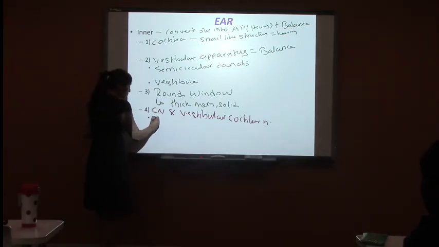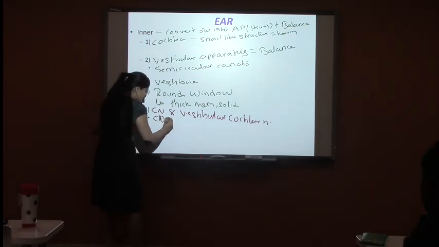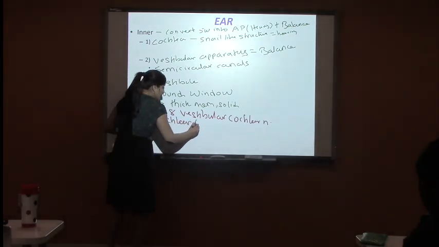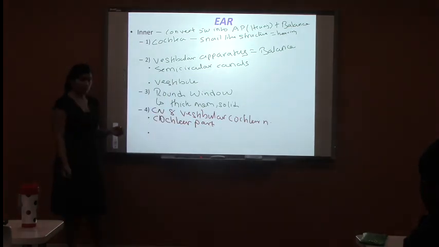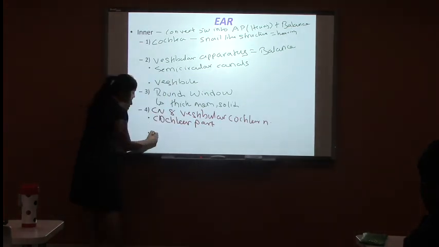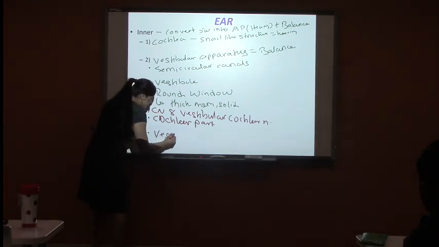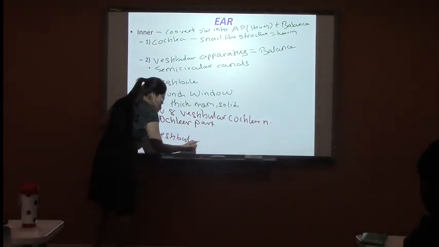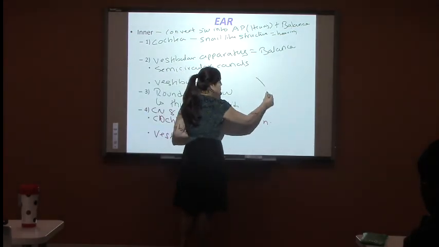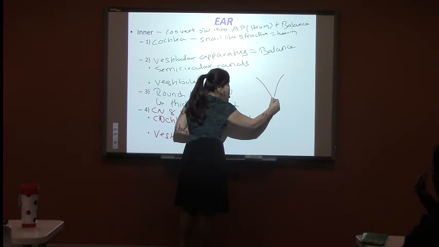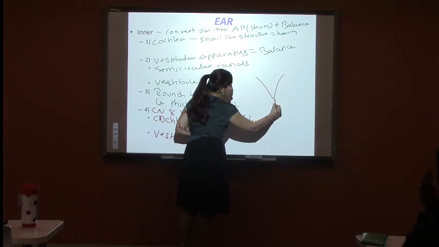It has the cochlear part, and it has the vestibular part. So basically, it's like saying two branches come together forming one nerve.